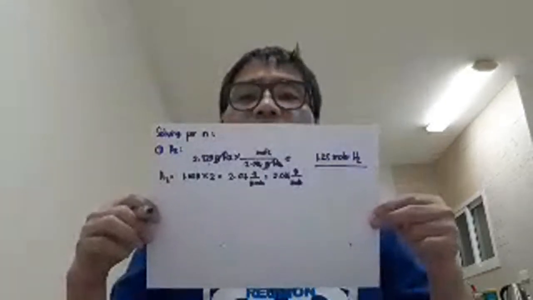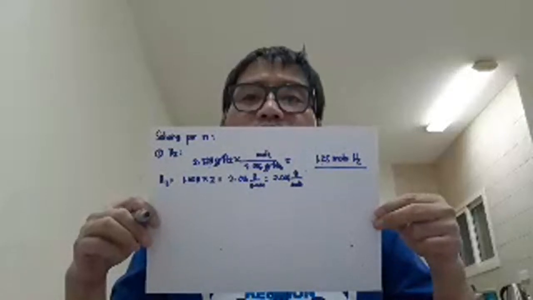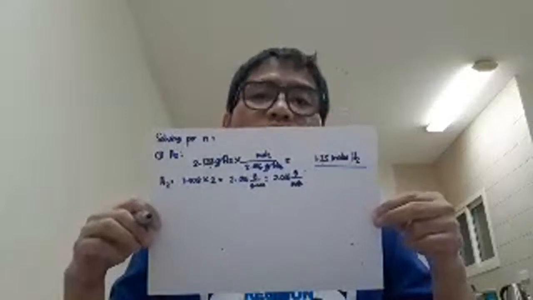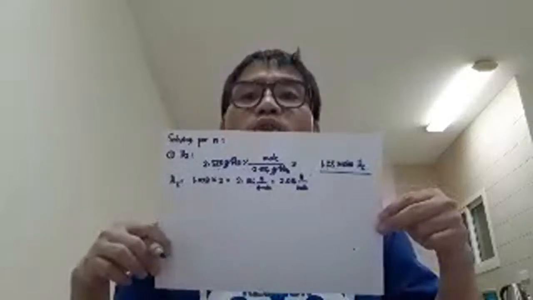So I have 1.25 moles of hydrogen gas. It's not yet a molar concentration, so divide this by the 0.450 liters, so that it will make this a molar concentration, or molarity.